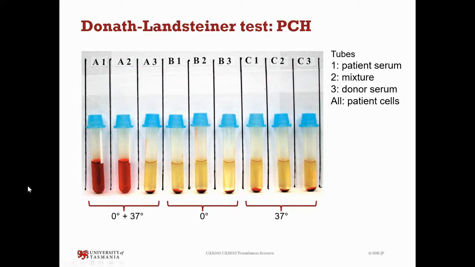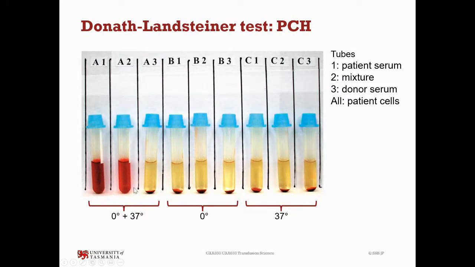So you get 3 sets of tubes here. In tube 1, in each of these sets, we have just patient plasma or patient serum. In tube 2, in each of these sets, we have a mixture of patient serum and normal serum, or donor serum. And then in tube 3, we have just the donor serum, so just the normal serum.